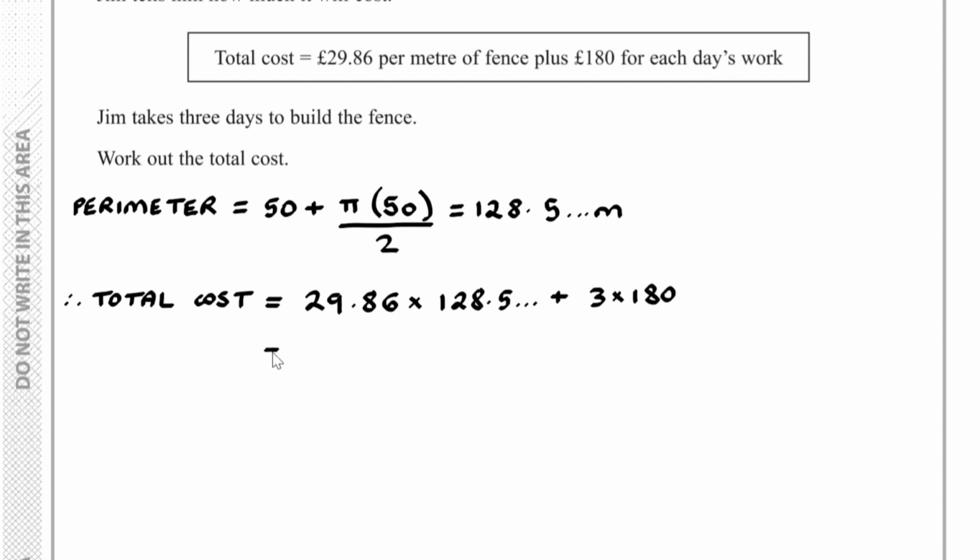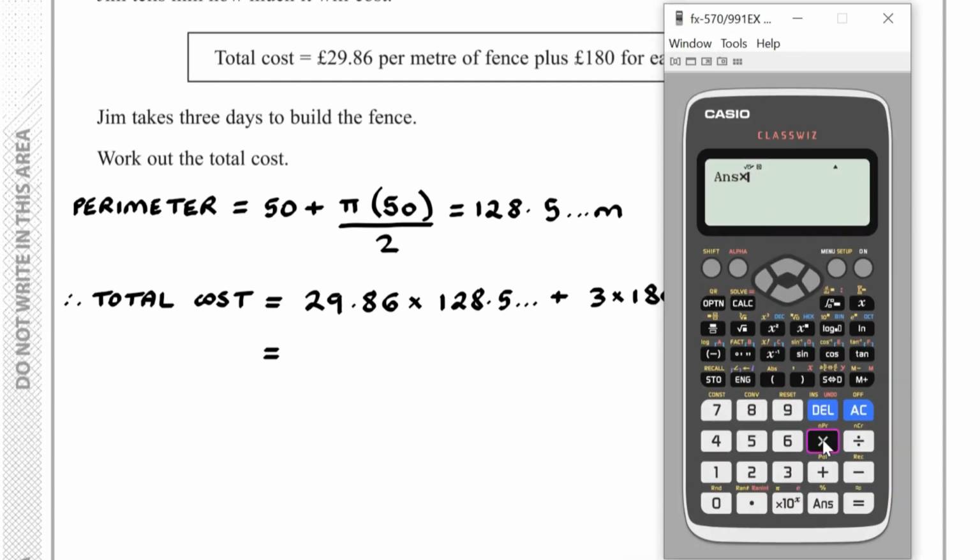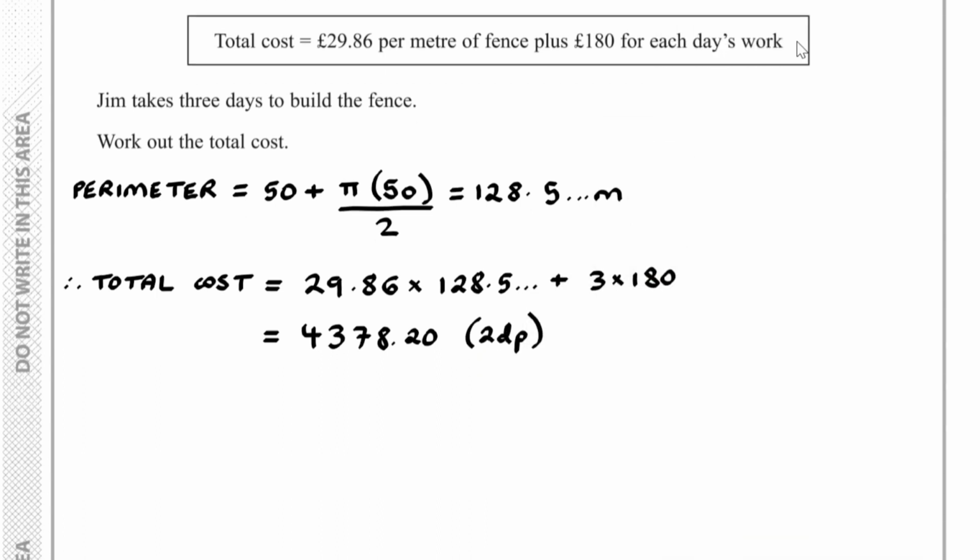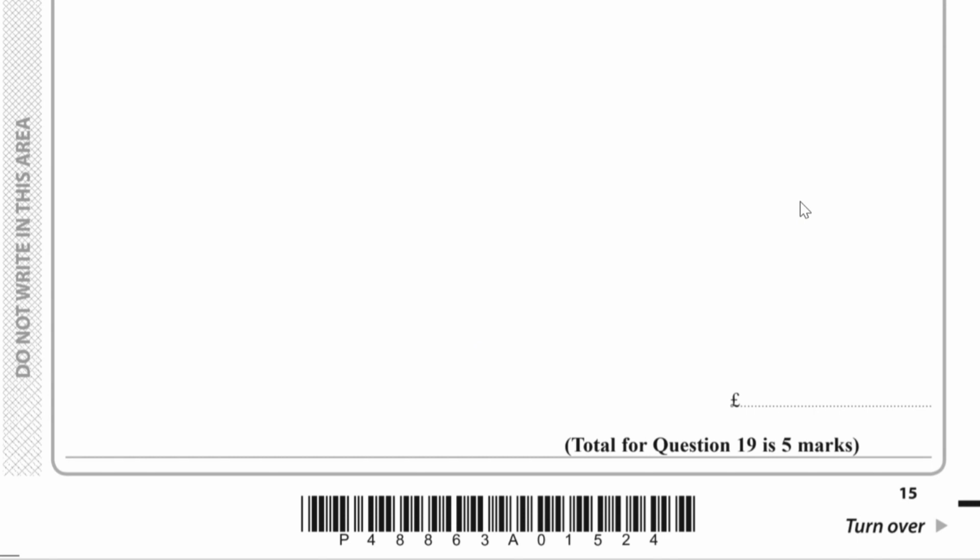So if we work out what this is, I'm going to times this by 29.86, and then I'm going to add on 3 times 180, and so to 2 decimal places we end up with 4,378.20. The reason we need to give it to 2 decimal places is because we are considering money, and so we have 4,378.20.